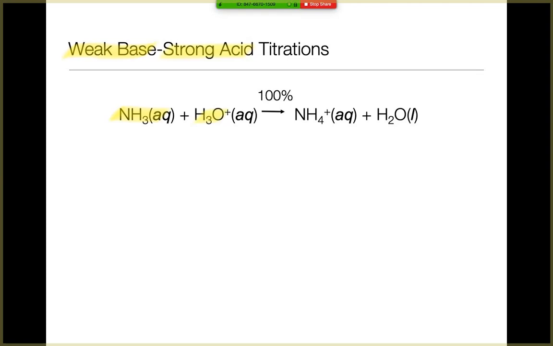Just like what we said when we were dealing with other neutralization reactions, if we have a strong acid or strong base, as long as we have one, the neutralization reaction is so strong, the K is so large, everything will be converted into products. So what that's telling me is that I'm going to form ammonium and water.